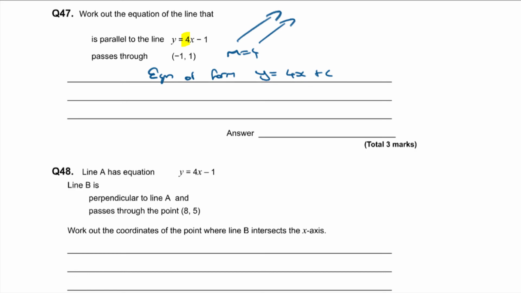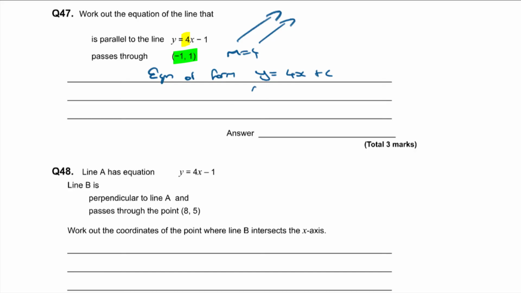Now how can we find c? Well, easily enough, we can just take this coordinate and sub it in for y and x, and then the only thing we won't know is c in that particular substitution. So we can then equate c to whatever's left over, and that will be our value of c. So let's sub in minus 1 for x and 1 for y.